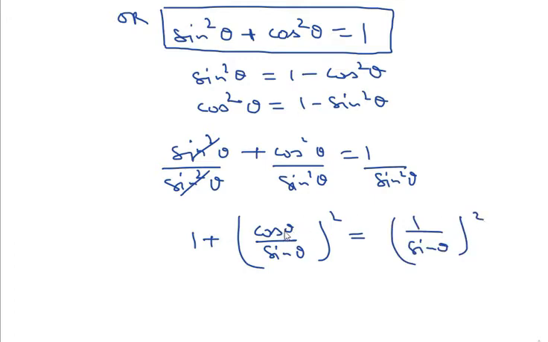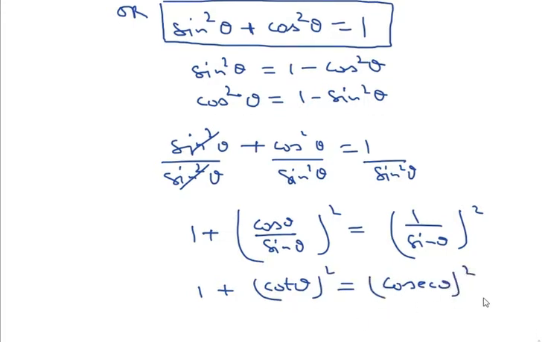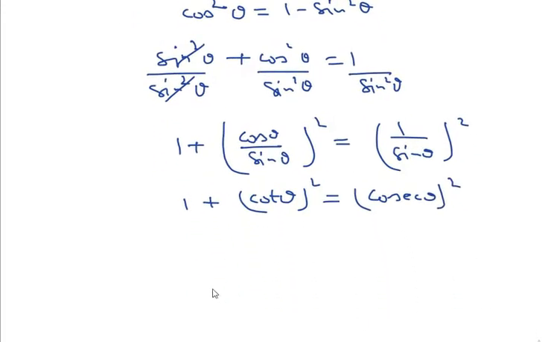And you know that cos theta upon sin theta is cot theta and 1 upon sin theta is cosec theta. And we got the second identity, 1 plus cot square theta is equal to cosec square theta.